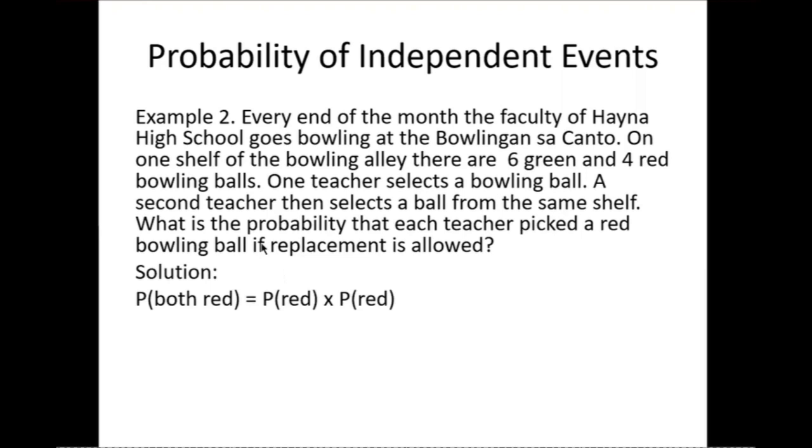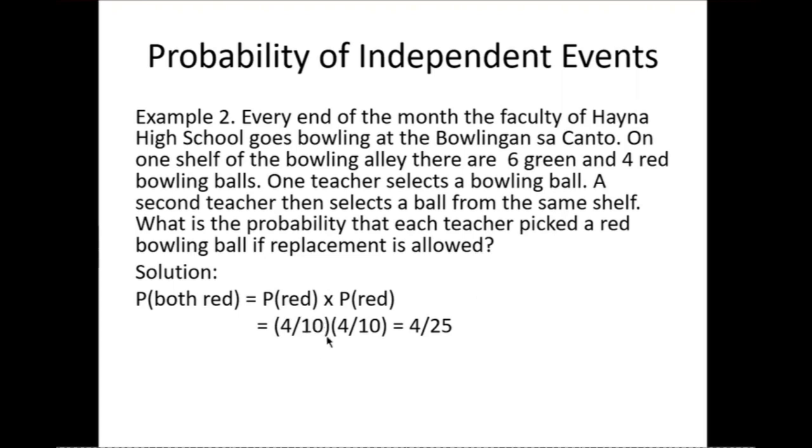So for the solution, we are getting the probability of both red. So that's the product of the probability of red times the probability of red. For the first, the probability of red is 4 red out of 10 balls.